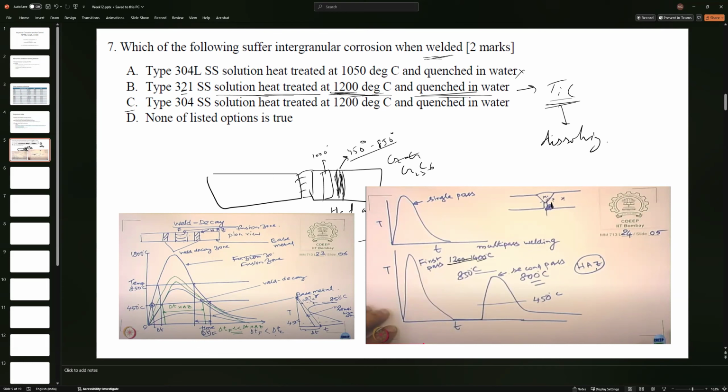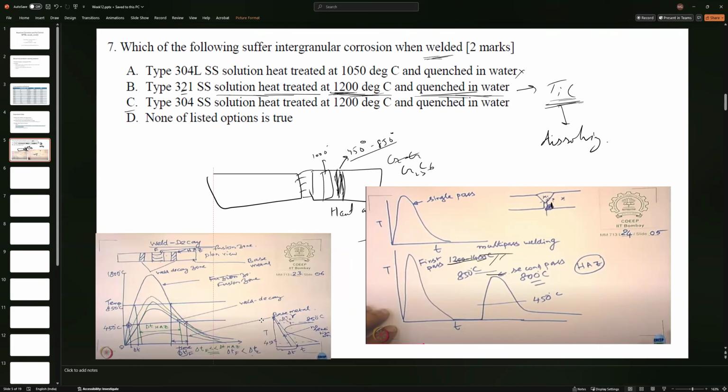If you want to again form the titanium carbide, you need to hold it between 850 and 1200 degrees for some time, so you give time for titanium carbide formation. But since you're quenching it, you're no longer forming those carbides, titanium carbide specifically.